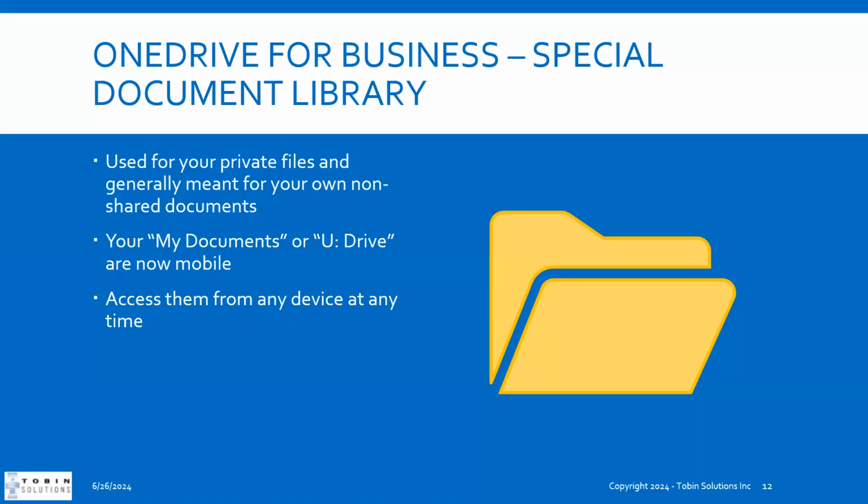OneDrive is like a special document library, but everybody gets one. If you have OneDrive with your subscription, you get it set up for you, and it's your kind of personal file storage. It's like your My Documents, your U Drive.